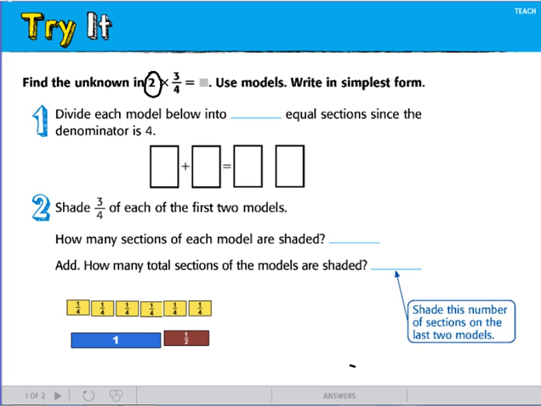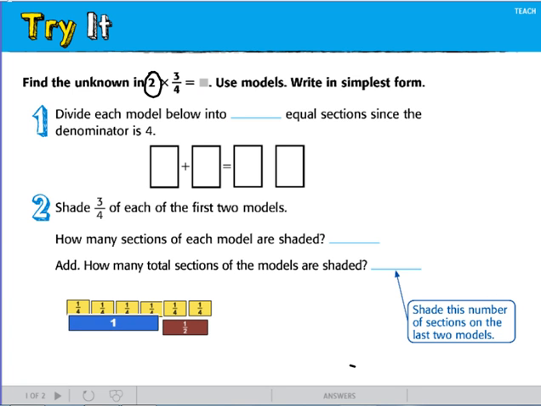So now that I have my 6/4, what I want to do is I'm going to reduce it. Well, in order to reduce it, I always start with my largest fraction tile that I have on my desk, which is 1. And I take my 1 and I move it and I say, okay, so that covers 4 of them. Then I know that 2/4 can be reduced, and I saw that, hey, that's equal to 1/2.